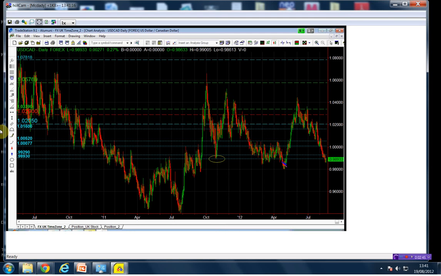So I'm just kind of wondering if this is really a structural point, or is it merely a significant point? It broke several times below it, yet there was no follow through to the downside.